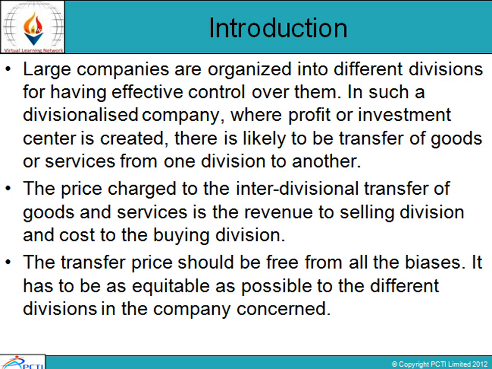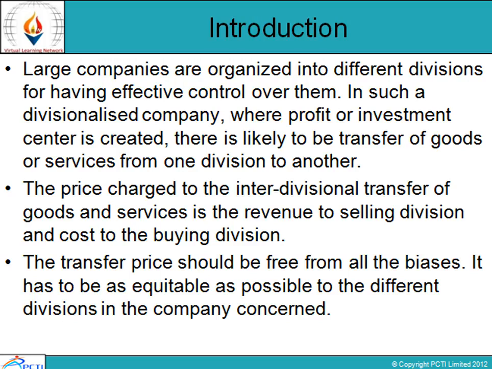When we talk about transfer pricing, जितनी भी large companies हैं, they are basically organized into different divisions so that they have very effective control systems within the organization.